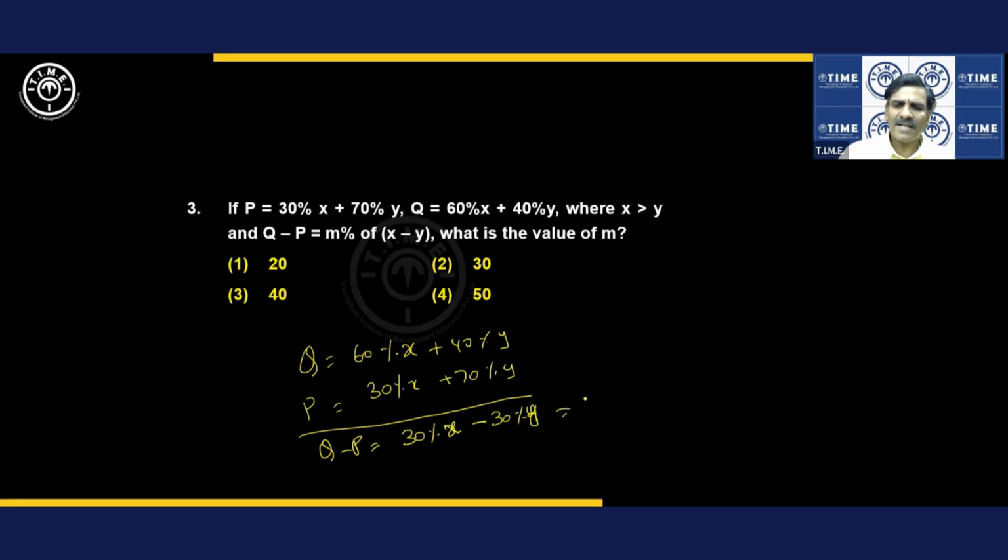Right. So if we take 30% common, it is nothing but 30% of x minus y. This is given to be m% of x minus y. So m is correspondingly equal to 30, we understand. So the answer for this question should be choice 2.